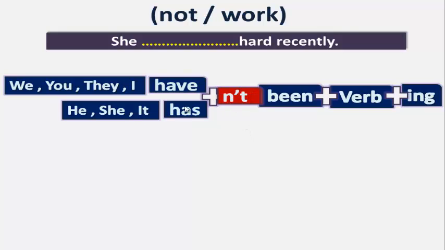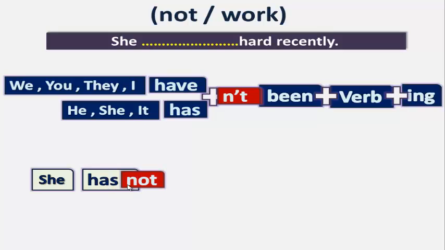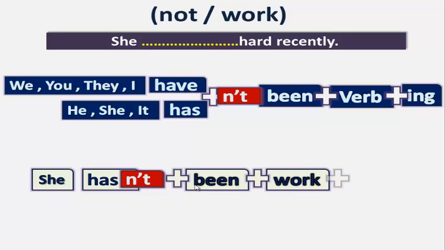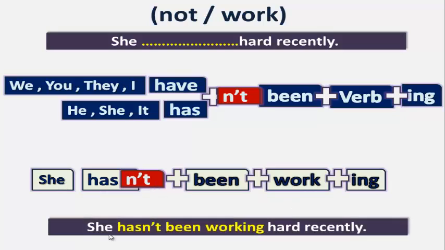So we say haven't or hasn't, and then been, and then the verb plus ing. Okay? So start with pronoun she in this sentence, she, and then has not, a short form is hasn't, been, working. She hasn't been working. She hasn't been working hard recently.